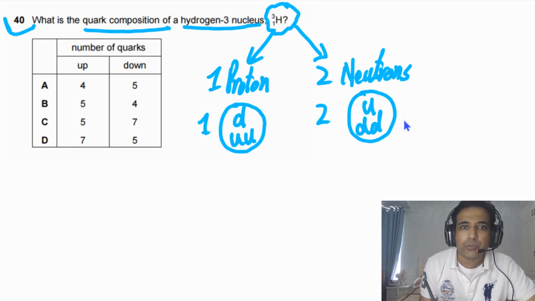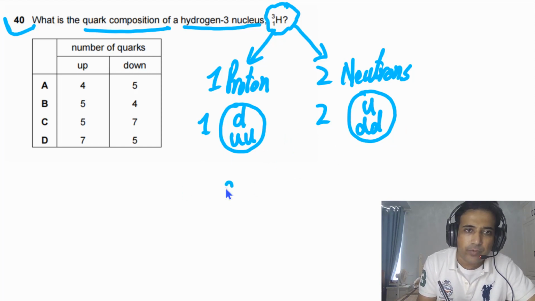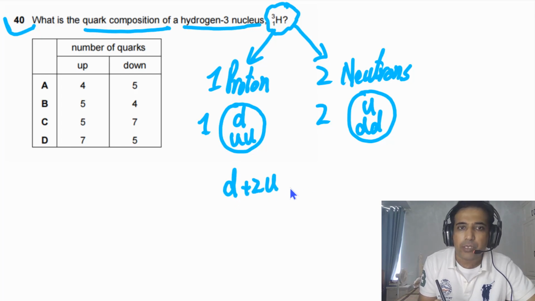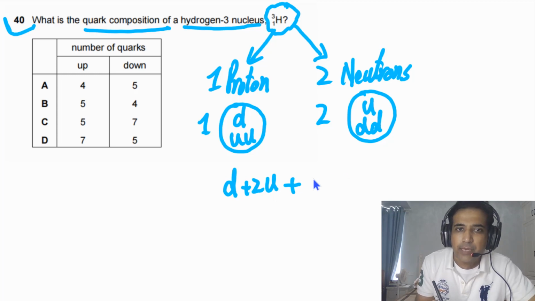So we need to write down the total number of up quarks and the total number of down quarks. Here we have one down quark plus two up quarks from the proton, plus we have to add the neutrons: 2 times 1 up quark, and 2 times 2 down quarks.